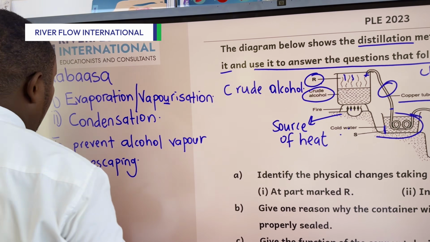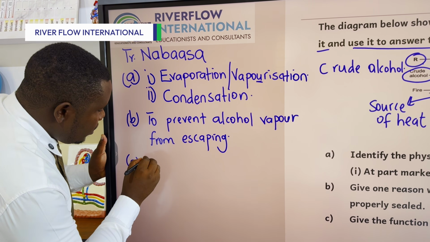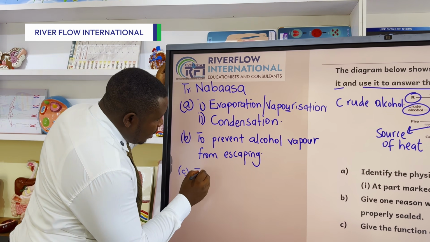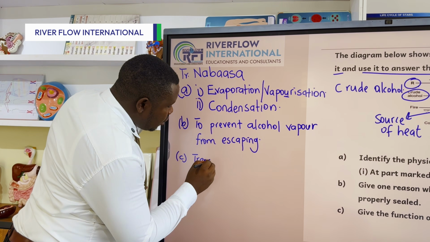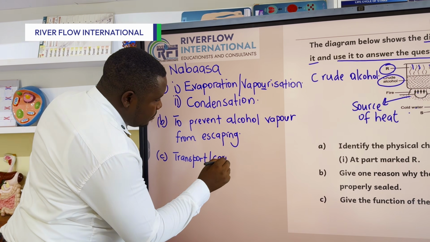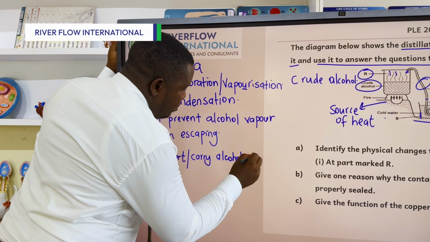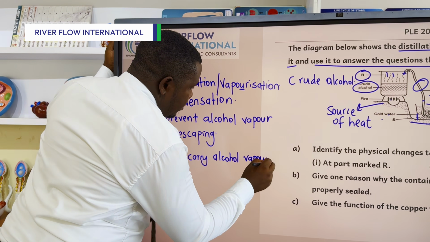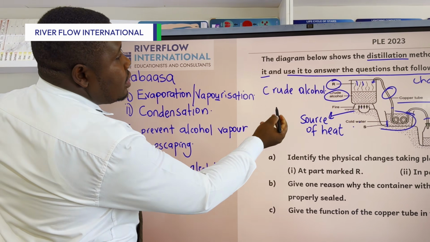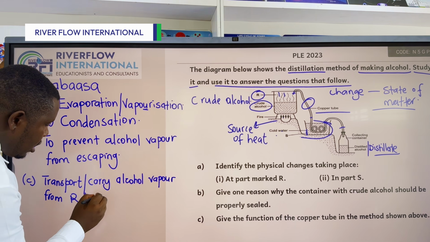So, number one, we are going to say that this tube will transport or carry alcohol vapor from R, is it R? Yes. From container R to S.